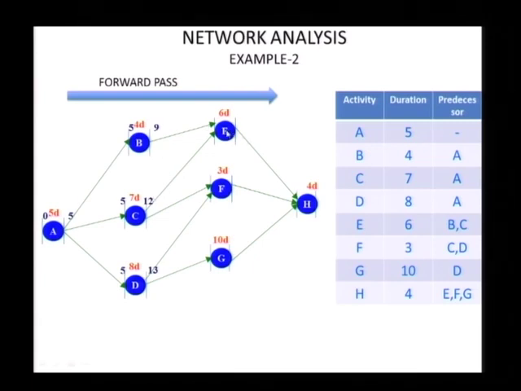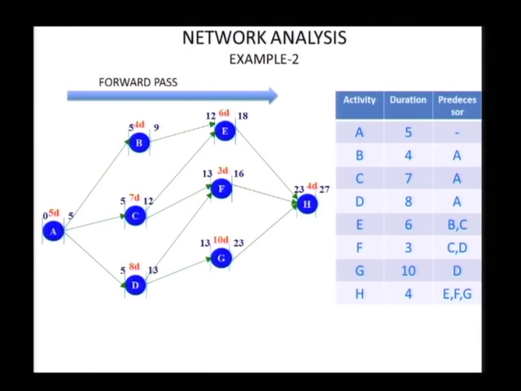So now where should E start? 12, because its predecessors are B and C. C only finishes by 12, so it has to go to 12, and then F has 12 and 13 as predecessors, so it's 13. G has only 13 as a predecessor. Now E will finish at 18, 16 and 23. So now H has 3 predecessors, and we have to obviously start with the last one, and then it finishes at 27.